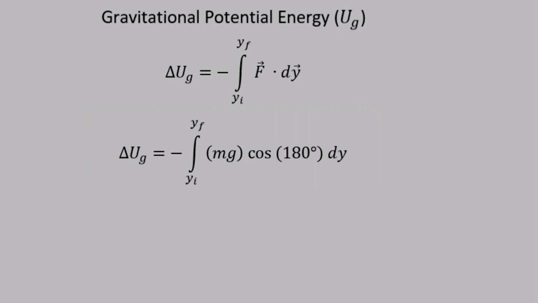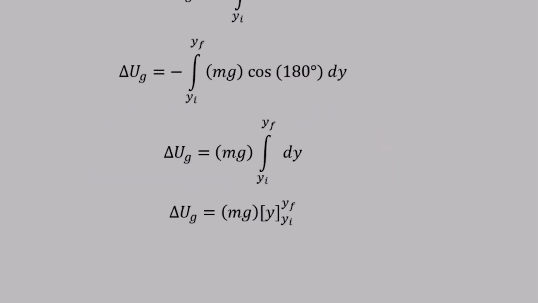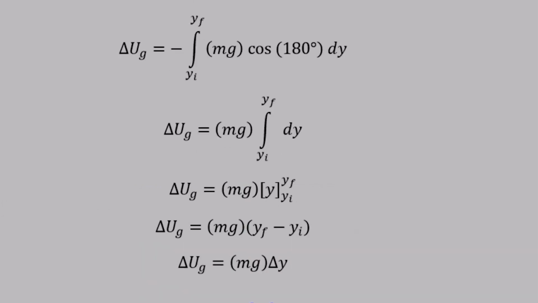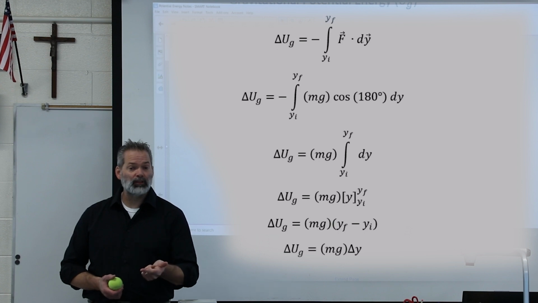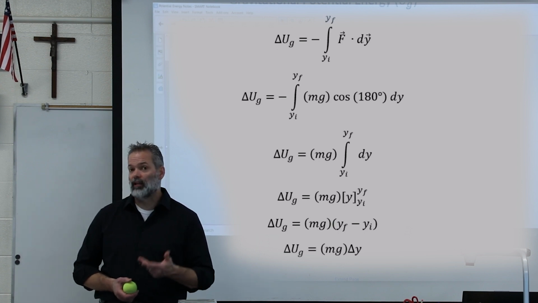With all that, we can pull out our constants, mg, so we are just left with the integral of 1 dy, which is just y, evaluated between our limits of integration, yf minus yi. Putting all that together, we see that the change in gravitational potential energy is equal to mg delta y. Mass times gravitational field constant times the change in elevation.